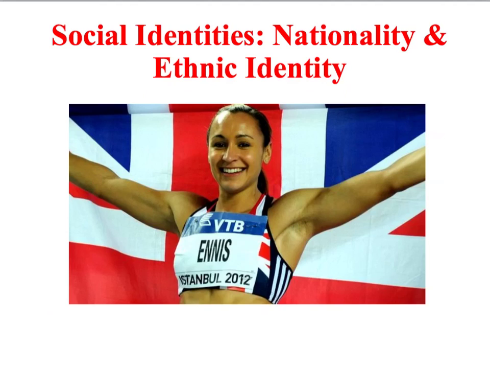So there might be many people who are legally British, for example, but actually feel themselves to be Welsh, Scottish, or English rather than British. So ethnic identities are not necessarily legal identities. And usually, but not always, the term ethnicity is often associated in sociology with minority groups.